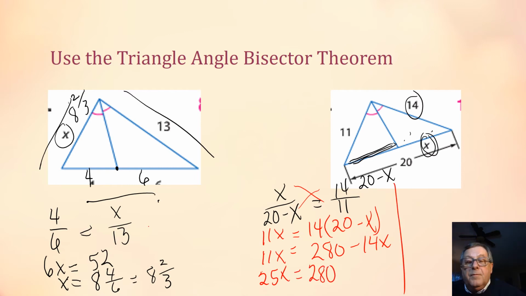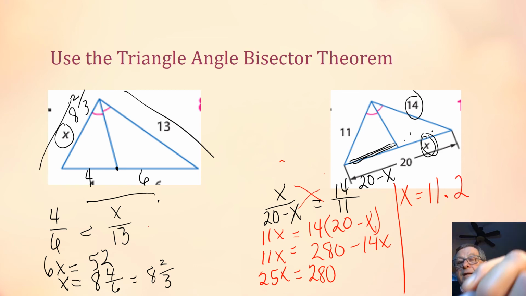We're going to divide both sides by 25. 25 goes into 28 one time, with 3 left over, so 25 goes into 30 one time, and then we have 5 over 25, which can be reduced to 1/5. In decimal form, 1 divided by 5 is 0.2.